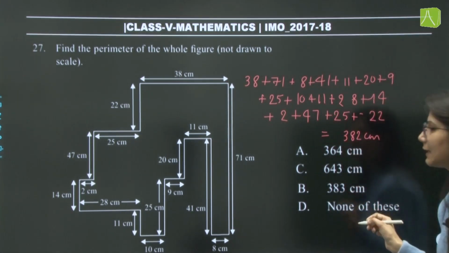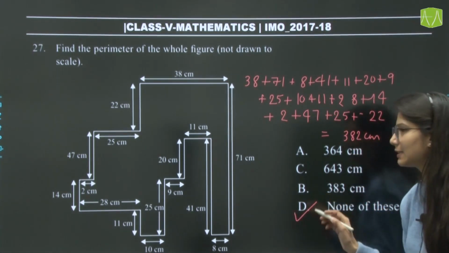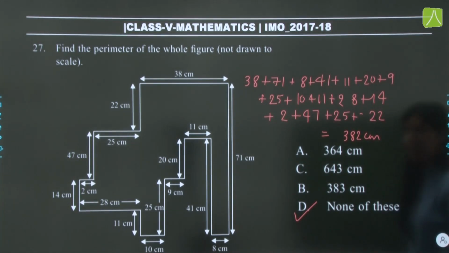And there is no option as 382. So the answer will be option D, none of these. Now let's move to the next question.